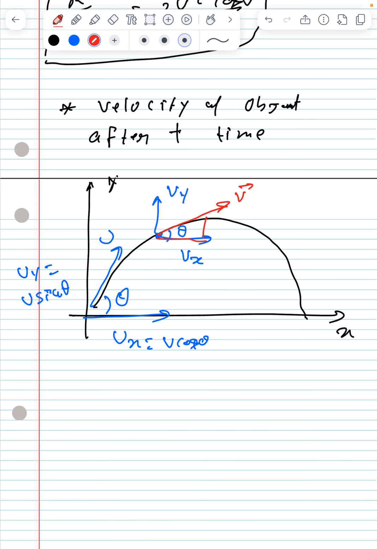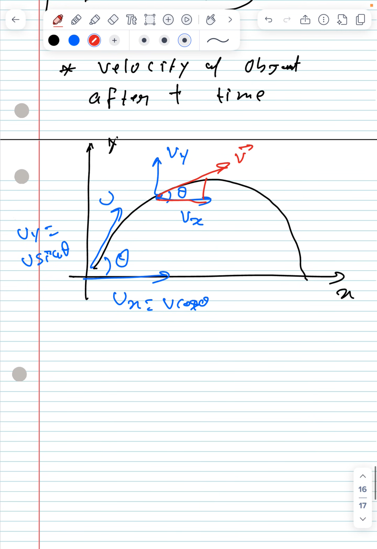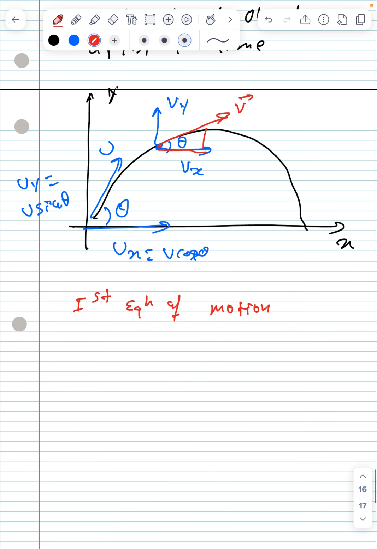If we want to calculate the projectile velocity at this point, vx and vy, right. This is the angle of projection, and how do we calculate the values of vx and vy?